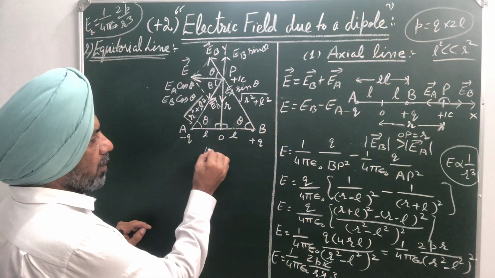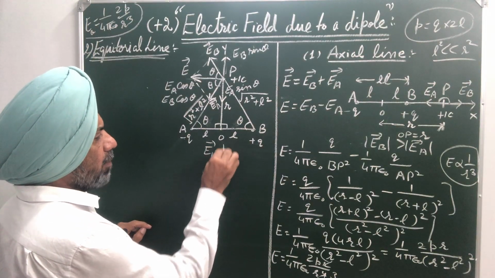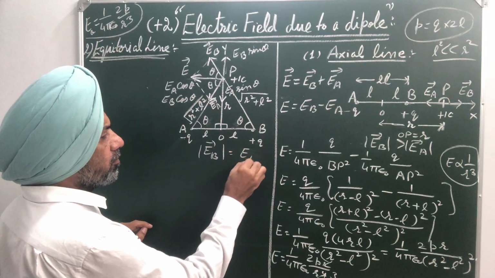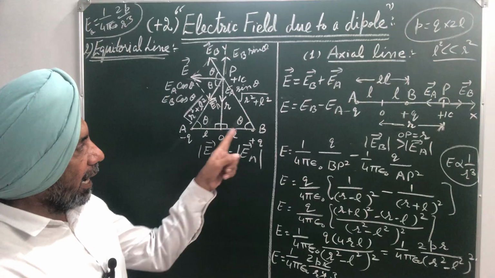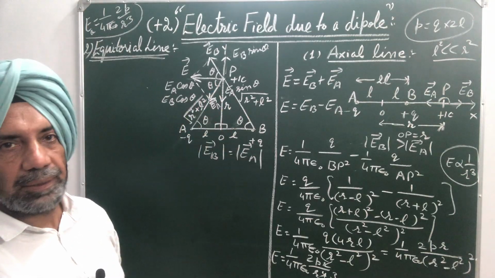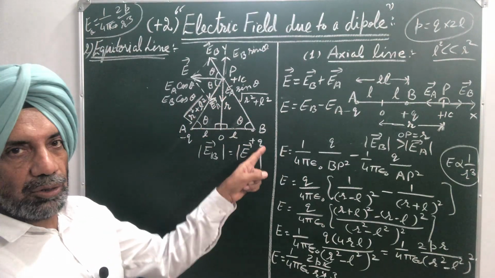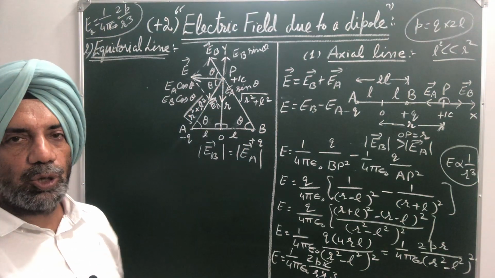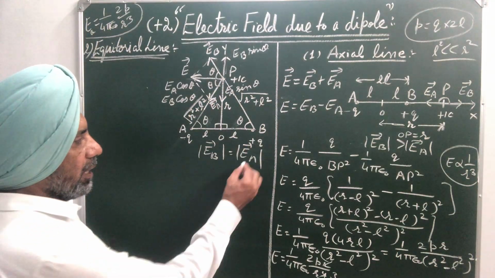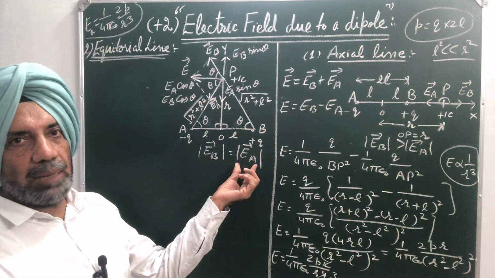Why? Because EB magnitude is equal to EA magnitude, because the magnitude of charge is the same and BP is equal to AP. Point P lies at equal distance from both points A and B. So EB magnitude is equal to EA magnitude.